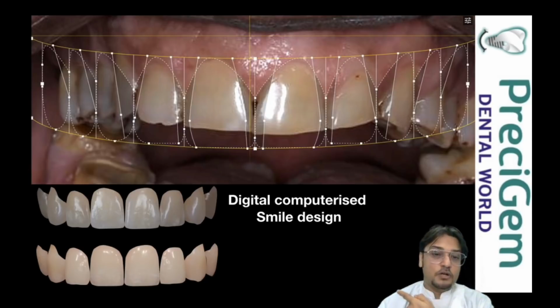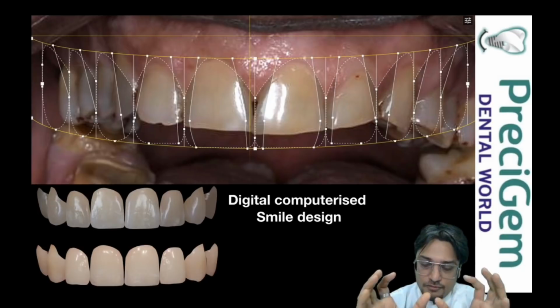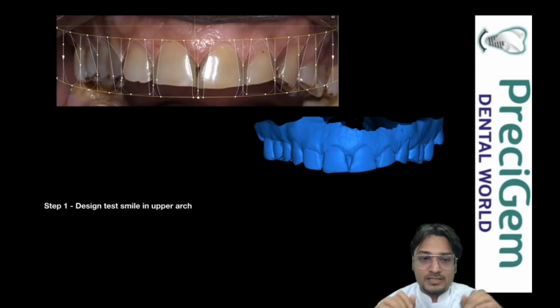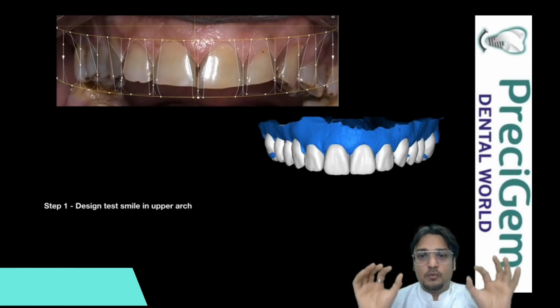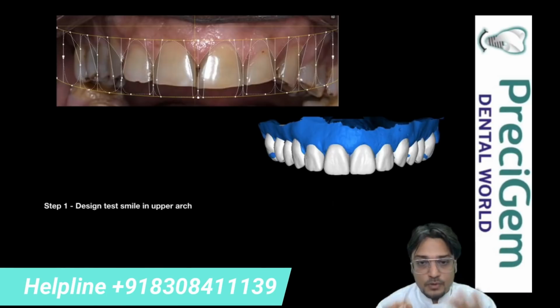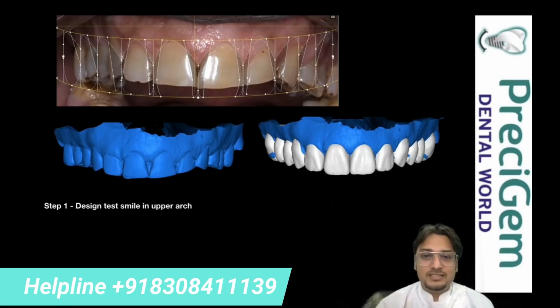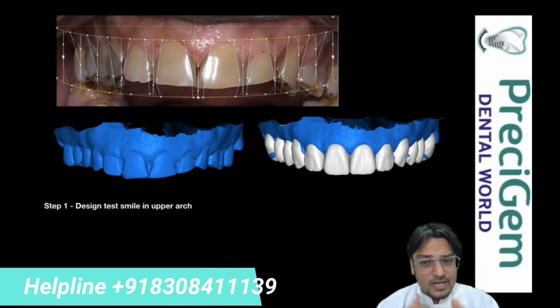These are the shades and shapes of teeth available in the computer library. They are fitted onto your mouth, and this is step 1. You can see a blue model above me. Over this a smile is designed, and new teeth are overlapped over it, and that's how you can see the difference. This is just to show you how we can get a result.